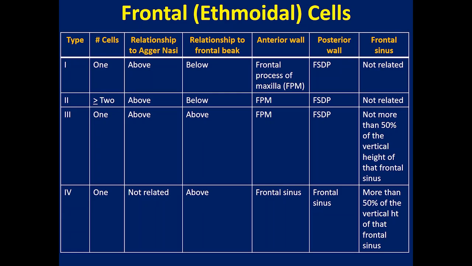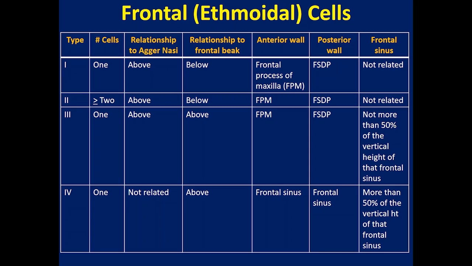In addition, one has to be aware of the frontal ethmoid cells by Wormald, previously described as frontal cells by Kuhn. The classification is based on the position of the cells in relation to the Agger Nasi cell, the frontal beak, and the degree of superior extension into the ipsilateral frontal sinus, and is of 4 types.